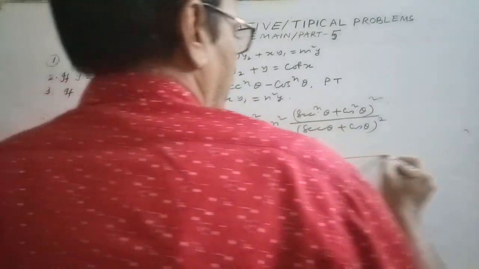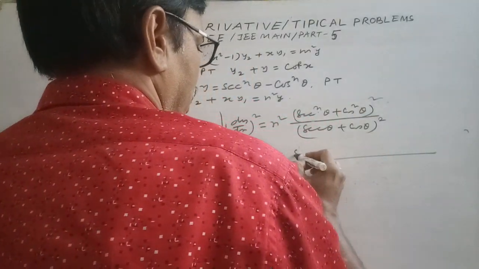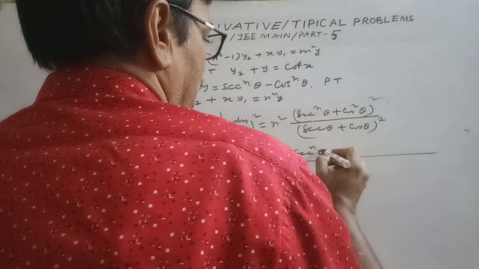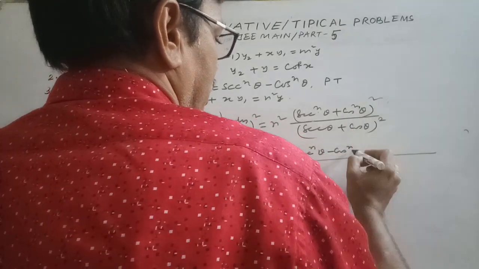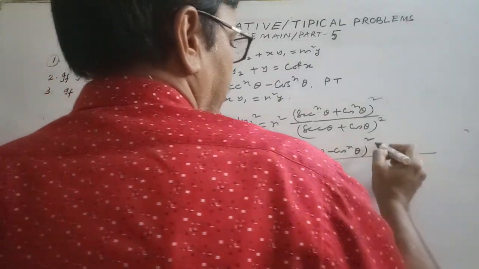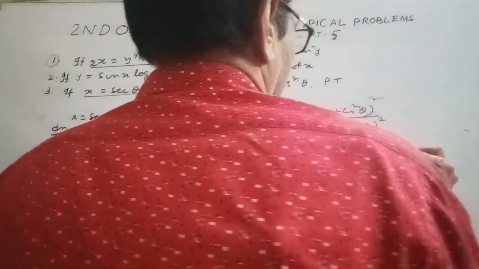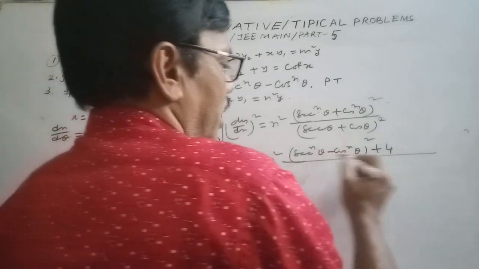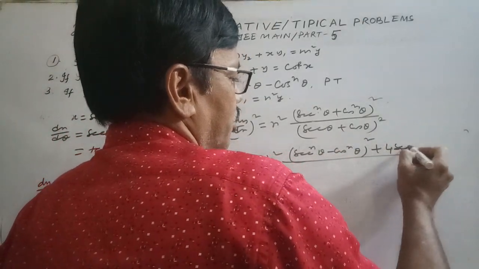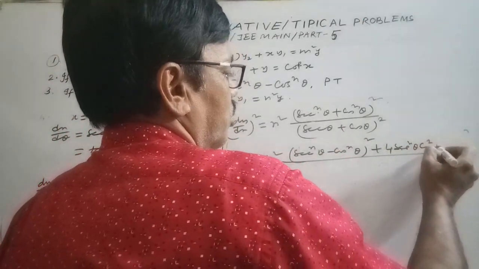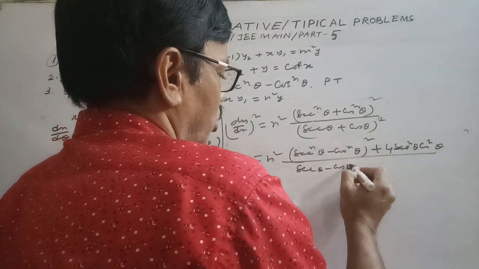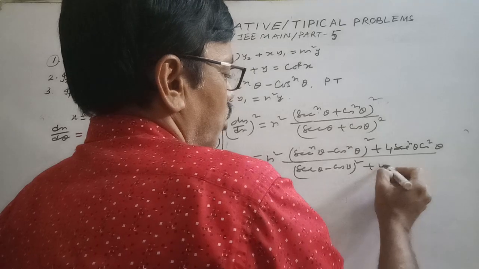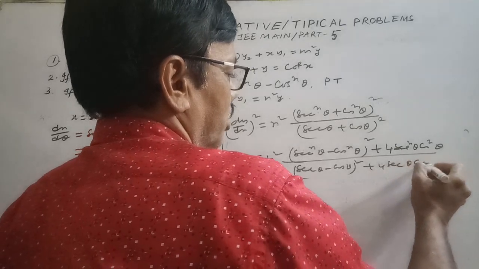Now this is to be noted: (a+b)² minus (a−b)² equals 4ab, so it is cancelled. sec^n θ cos^n θ is also (sec θ − cos θ)² + 4 sec θ cos θ.